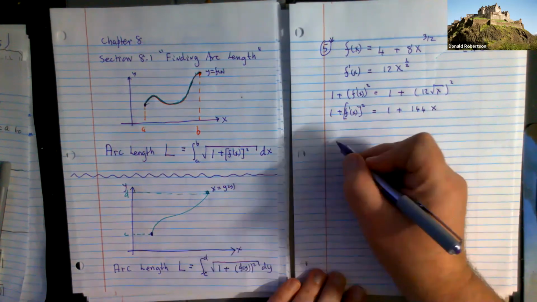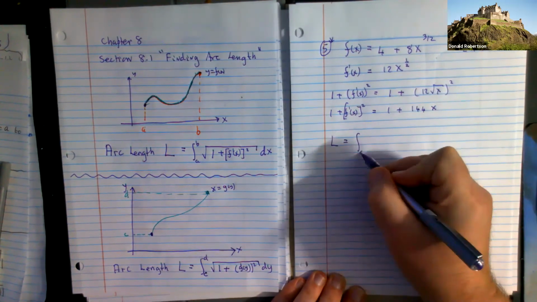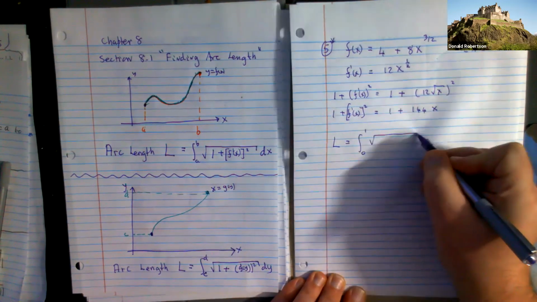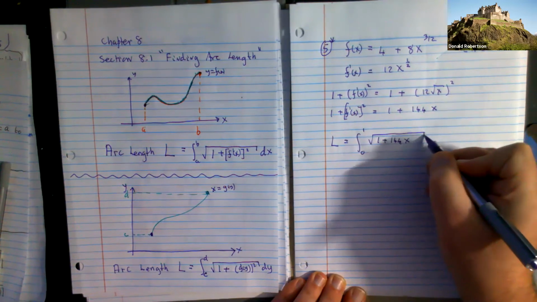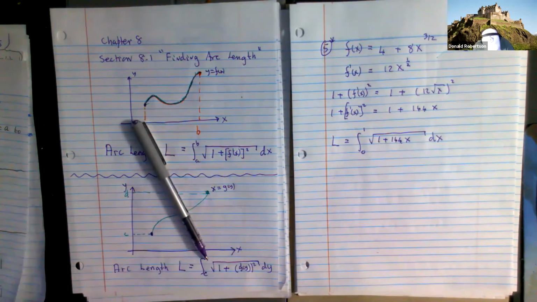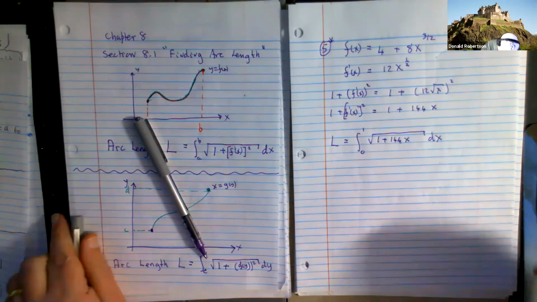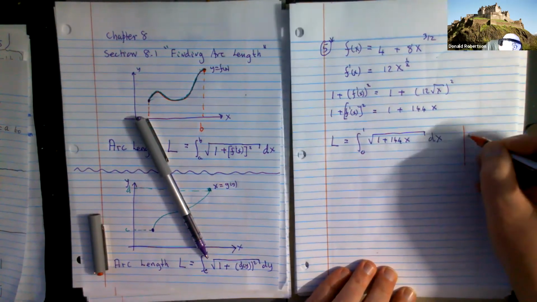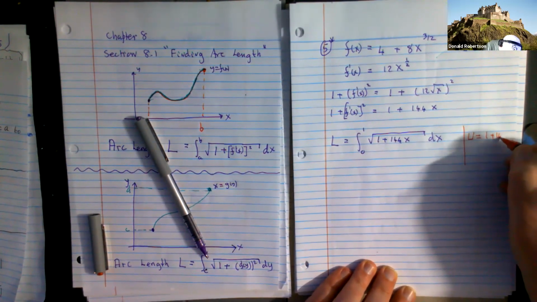So the arc length is going to be the integral from start to finish, the square root of this guy. So that's what we need to find, and we're done. You could do a U sub. If you want to do a U sub, there's nothing wrong with that.